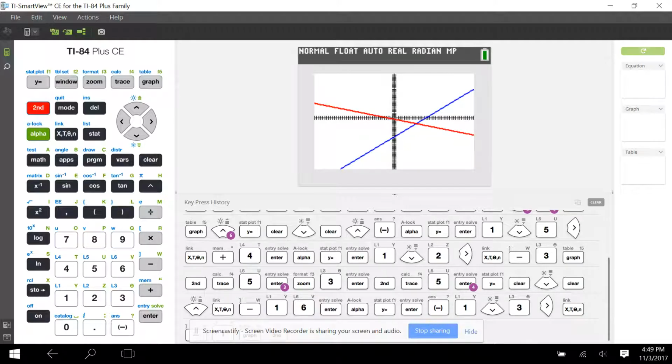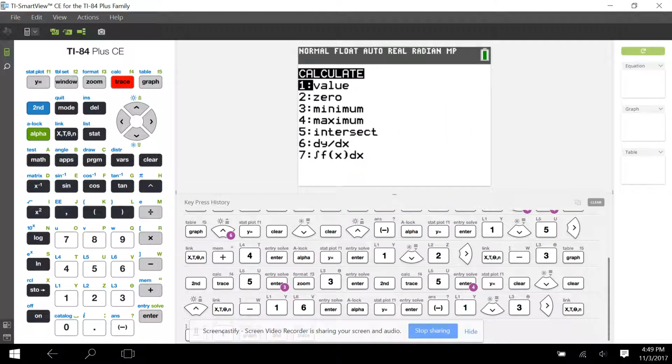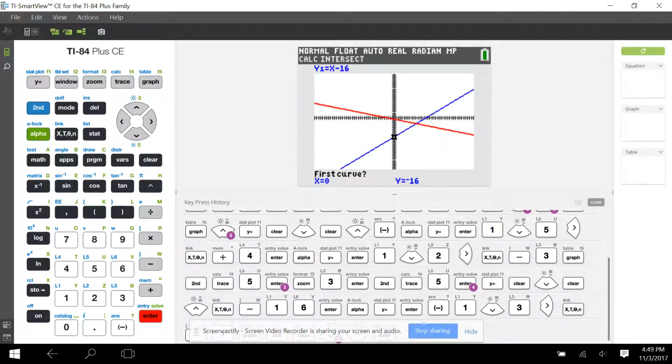I'm going to do second, trace 5, which is intersect. Oops, not 6, 5. Enter. First curve, enter. Second curve, enter. Guess, enter. And then I find my intersection is the point 11.25, comma, negative 4.75.